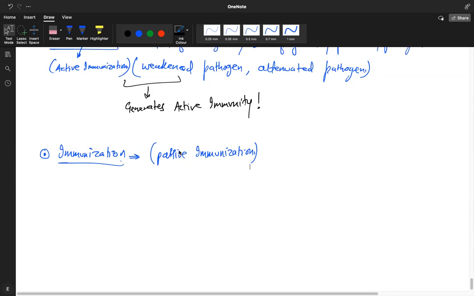So to give immunity against tetanus, we need a rapid response, a fast response. You don't have the time to develop immunity if you are afraid that you might have got tetanus inside you.